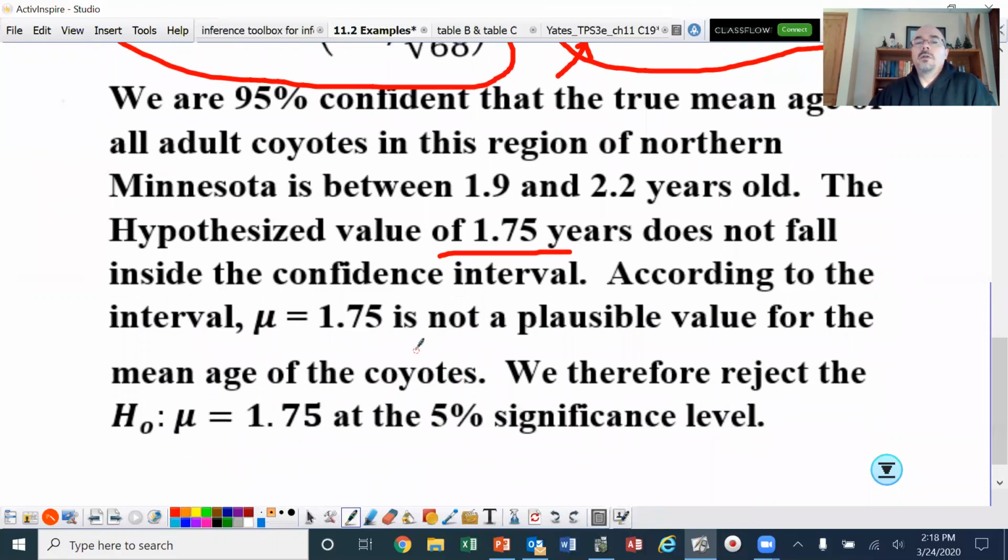According to the interval, 1.75 is not a plausible value for the mean age of the coyotes. Well, if it's not plausible, then we will reject the hypothesis at the 5% significance level. So if that mean is not in that interval, we reject. So that means if it is in that interval, we fail to reject.